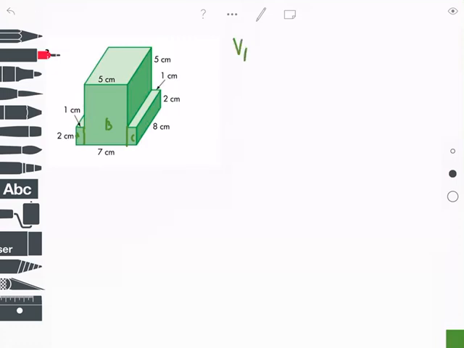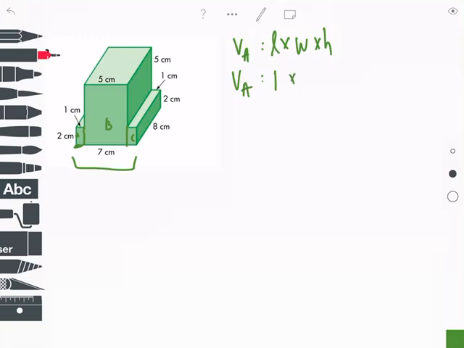So here, first let's find the volume of A. The volume of A is length times width times height. So volume A, length, it would be only this part. So 7 measures all of it, but since we cut it, we're only going to use this part of it, which is 1 centimeter.